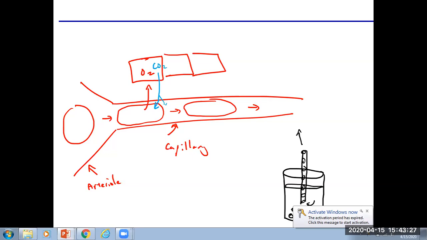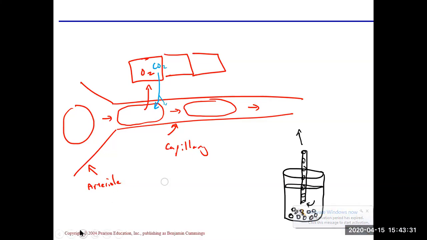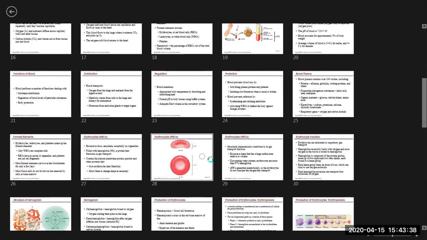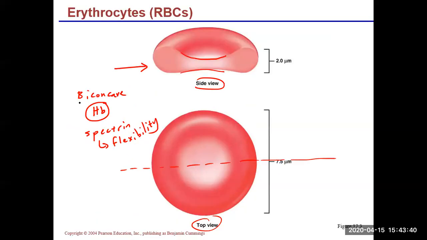All right. Now let's go back and take a look at here. This biconcavity allows more surface area. So red blood cells, compared to the volume that they're holding, have huge surface areas.